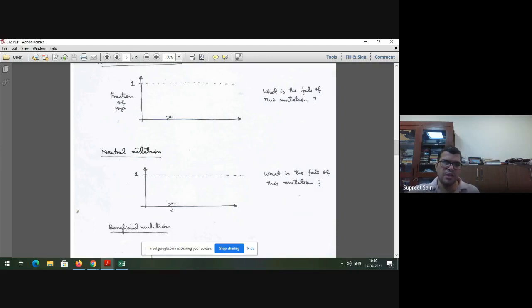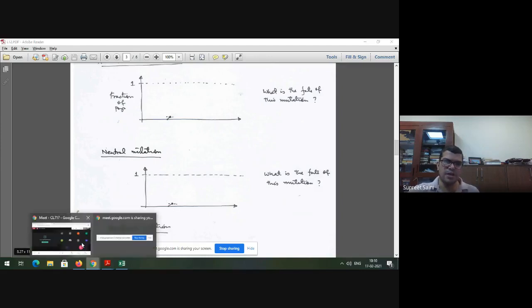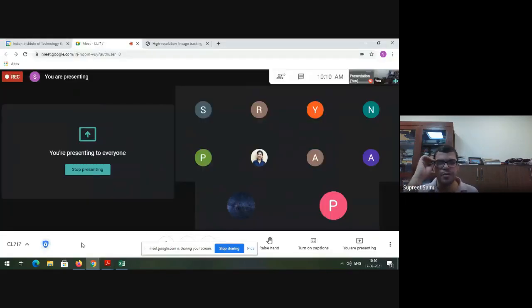Another way to think about this is that we did fixation probabilities, and we saw that if an individual is carrying a 1% advantage, there is only a 1% chance that it goes to fixation. The rest, 99% of the time, it gets lost because of the action of drift.